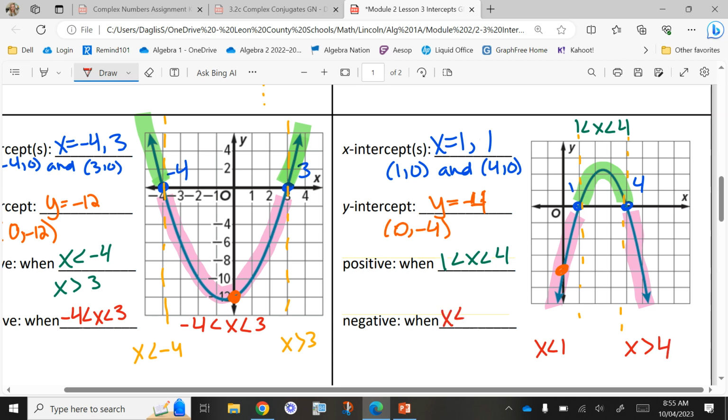So we're negative on the left of 1 and to the right of 4. Is it kind of clicking? Does your math make sense? Okay.